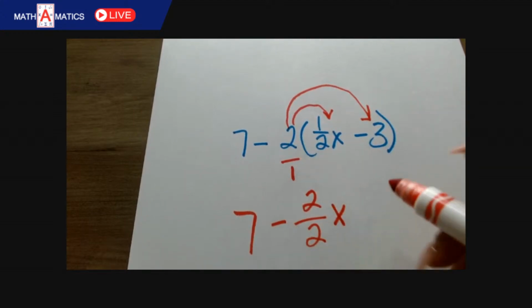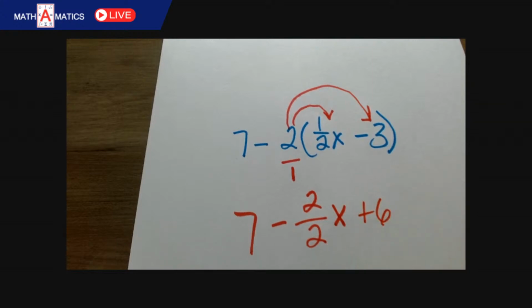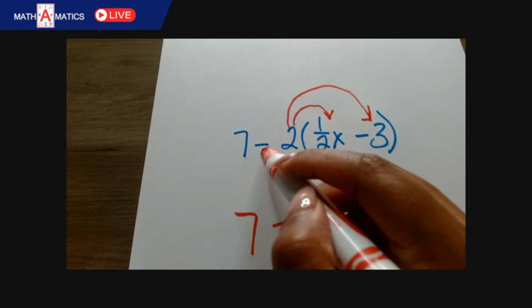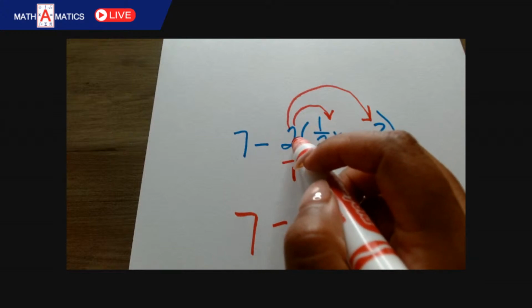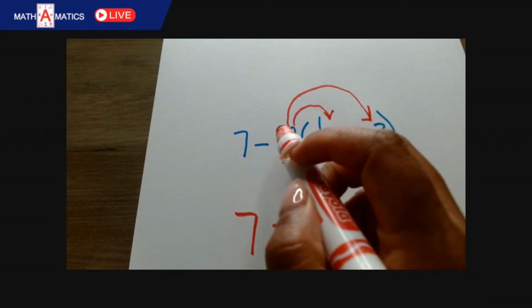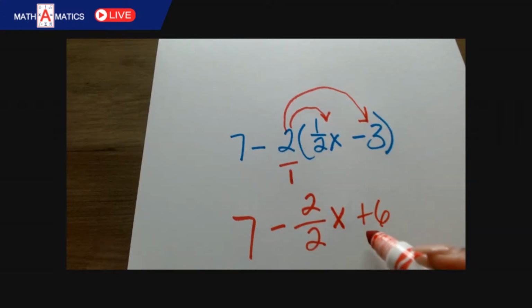And then that 2 times -3 here will be a +6. And remember, as always, this minus sign here latches on to that 2. So when you're distributing, you want to distribute that minus sign out. And that's how, since we have a minus and a minus, it turns into a plus. So now on our next step, we combine like terms.